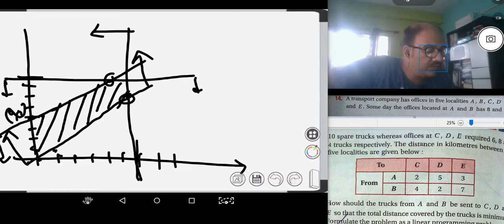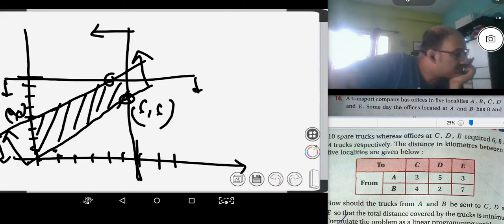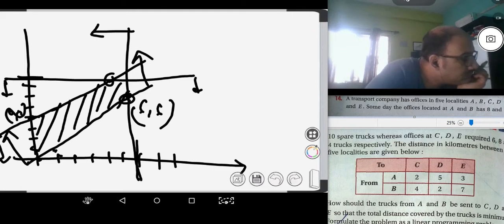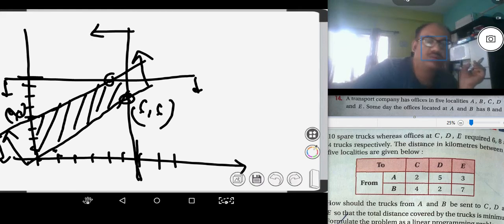This is 4, 0. I think this point will be 6 comma 2, or what? This is x equals 6, so this is 6 comma 6. I don't know whether I have made a mistake. Fine, we have made some mistake.